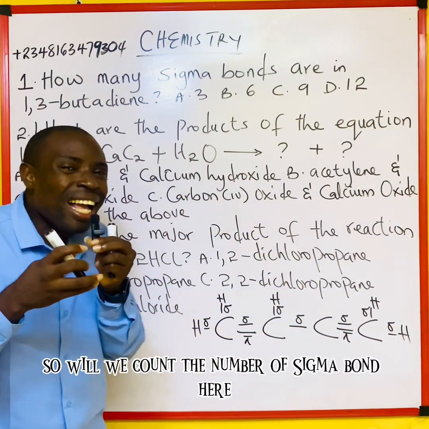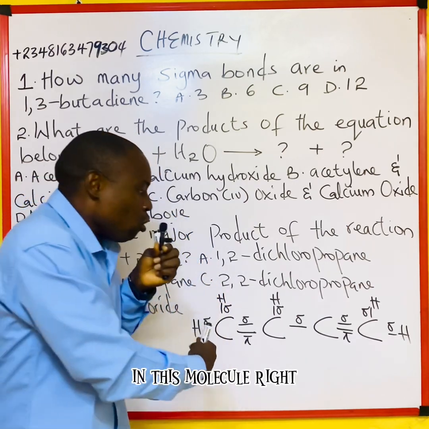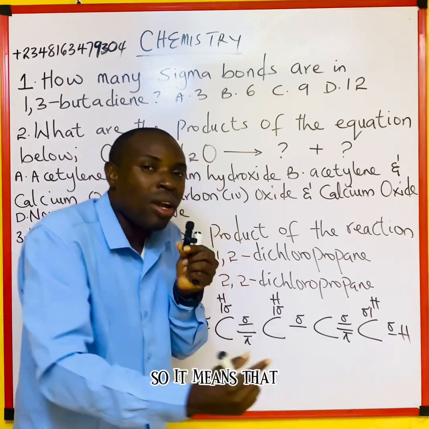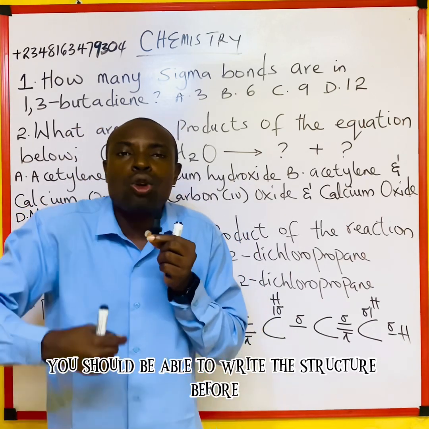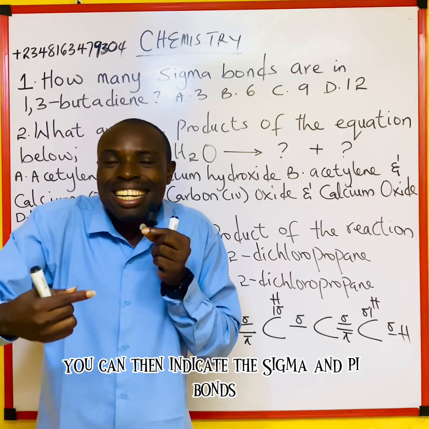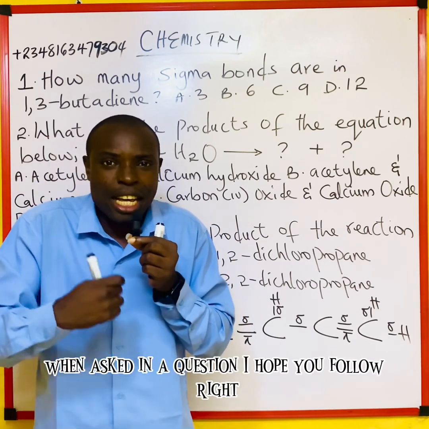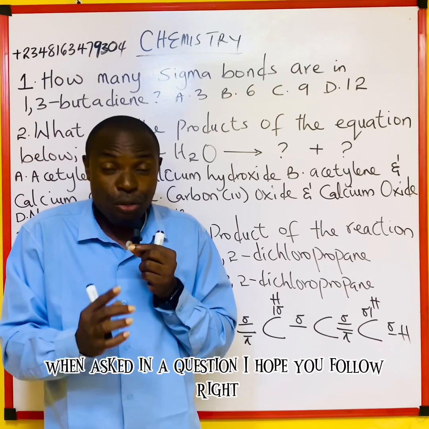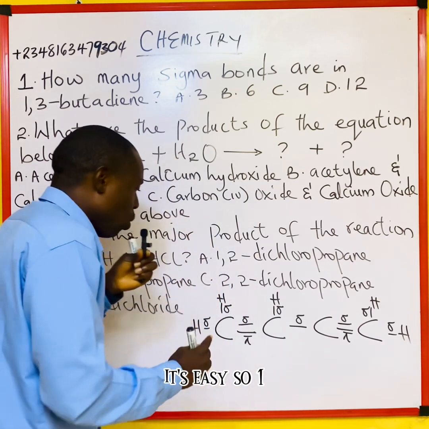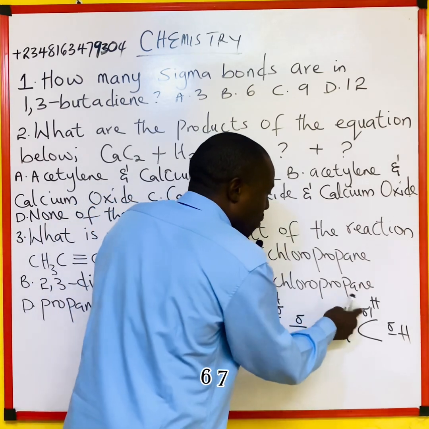When we count the number of sigma bonds in this molecule, you should be able to write the structure before you can indicate the sigma and pi bonds when asked in a question. I hope you're following, right? It's easy. So 1, 2, 3, 4, 5, 6, 7.